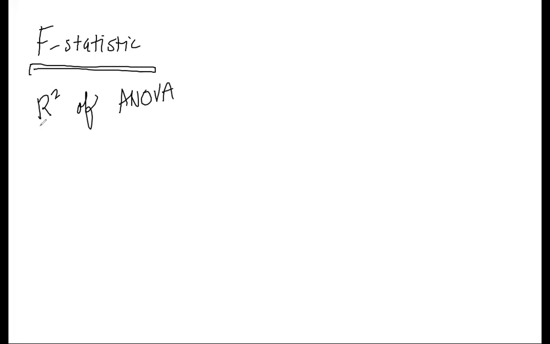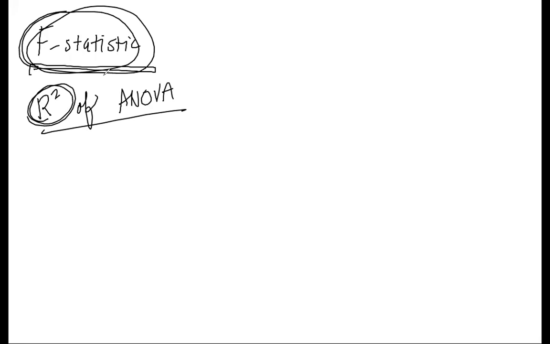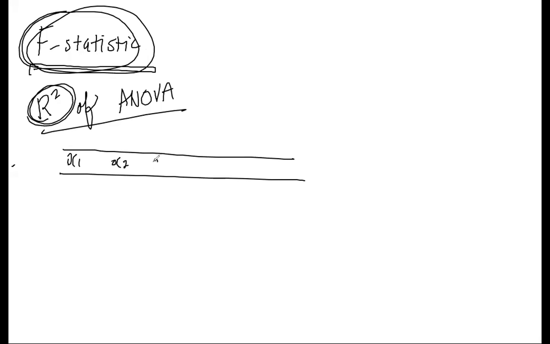You can similarly use the R square value of ANOVA to perform variable selection, although both of these are more or less the same, because your R square is related to your F statistic. Later we will look at that. Okay, those are the two common tests that you can use. So maybe I just write it out like this. X1, X2, again you have these variables, and this is your class label.